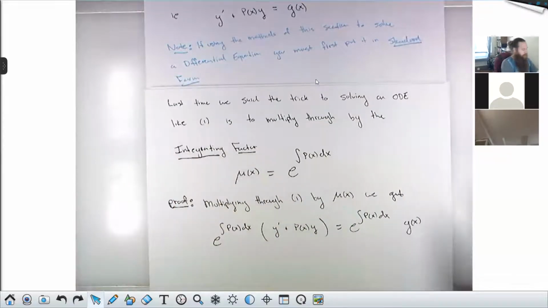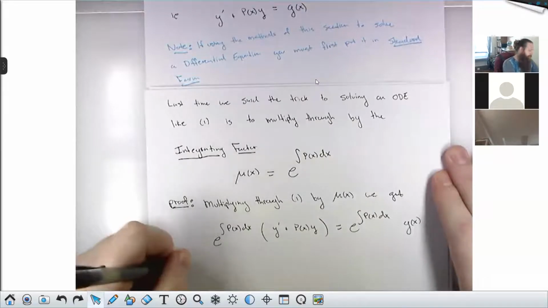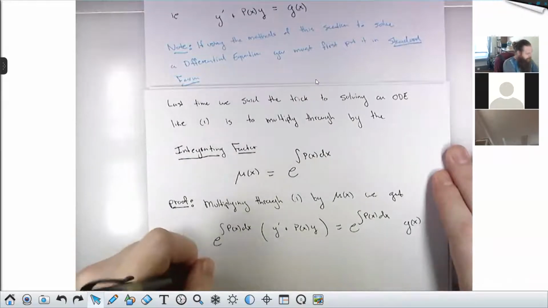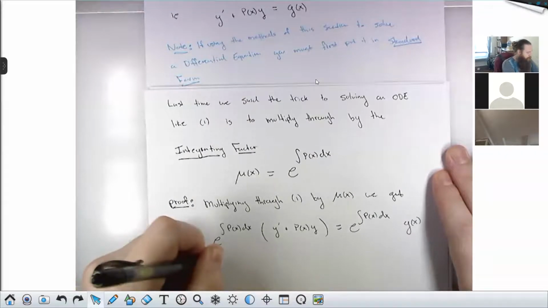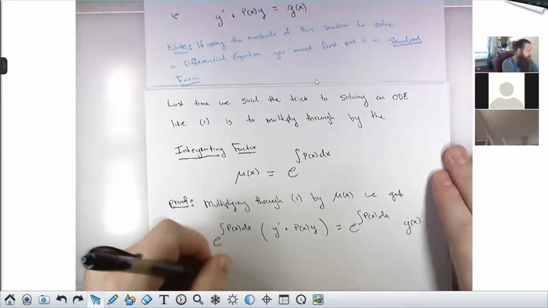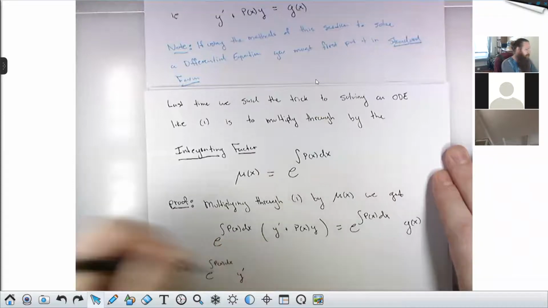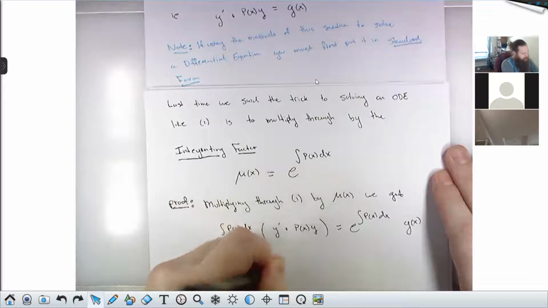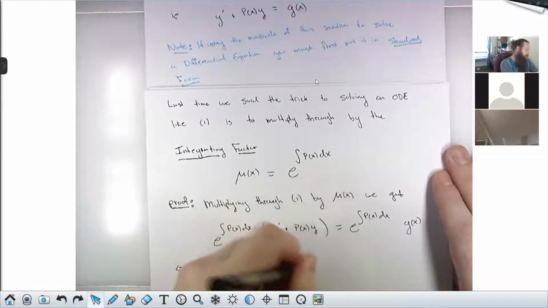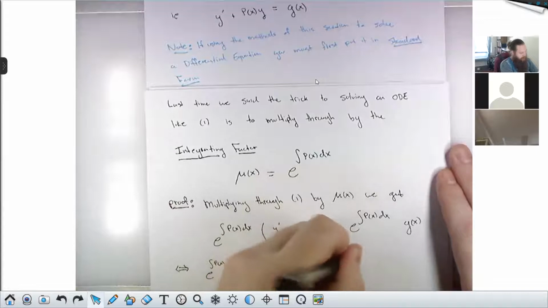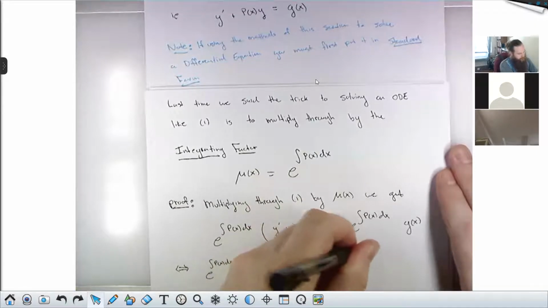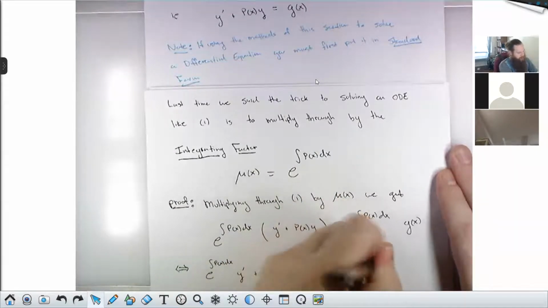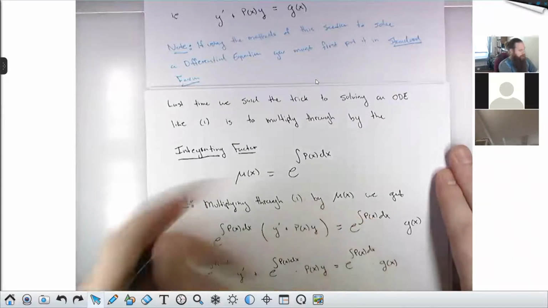And if I distribute on the left-hand side, then we have e to the integral p of x dx times y prime plus e to the integral p of x dx times p of x times y equals e to the integral p of x dx times g of x.